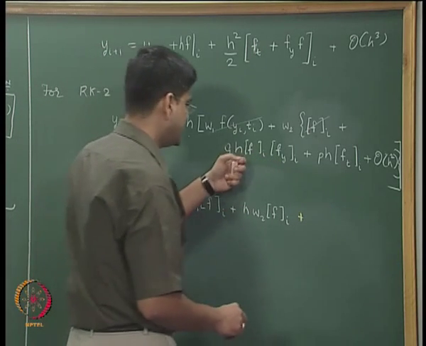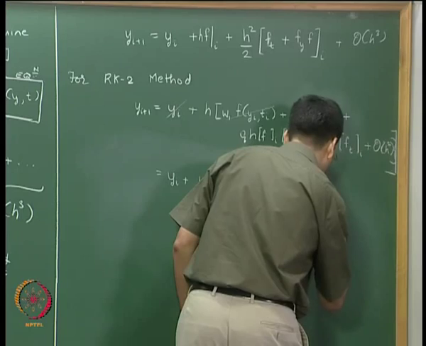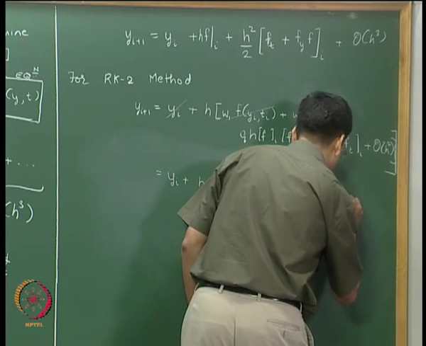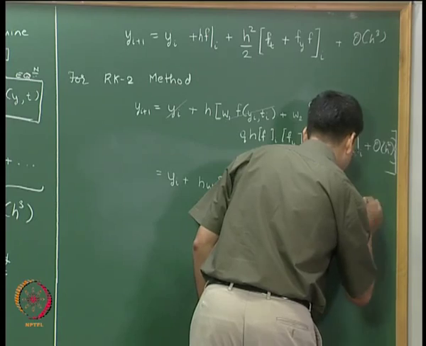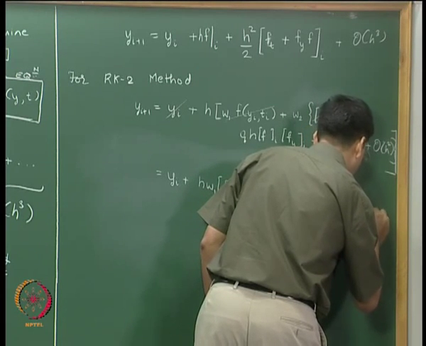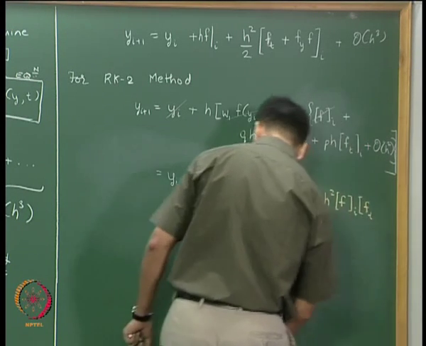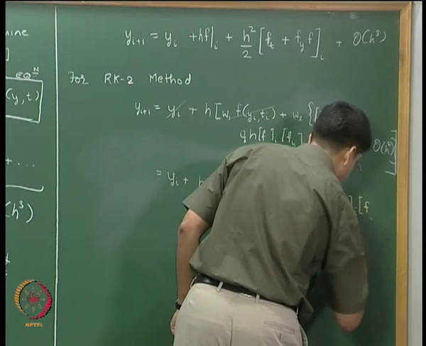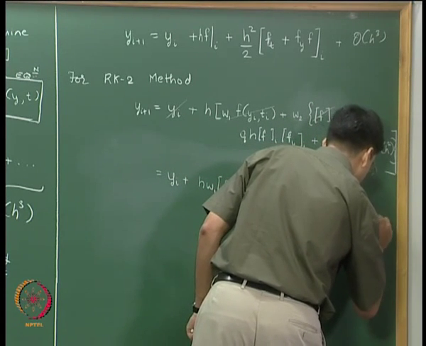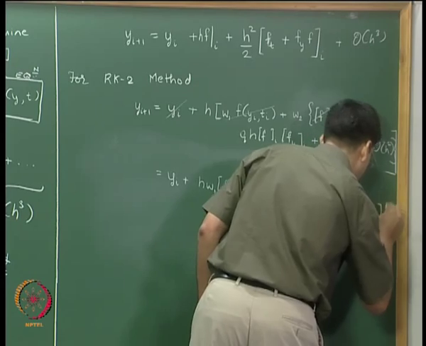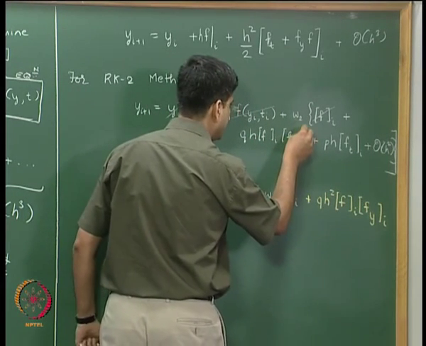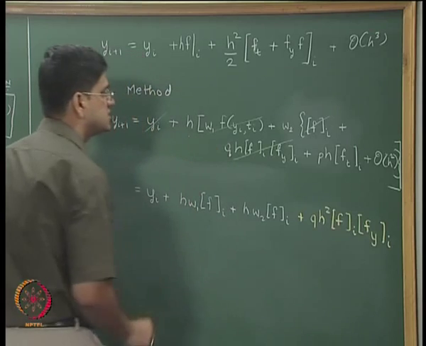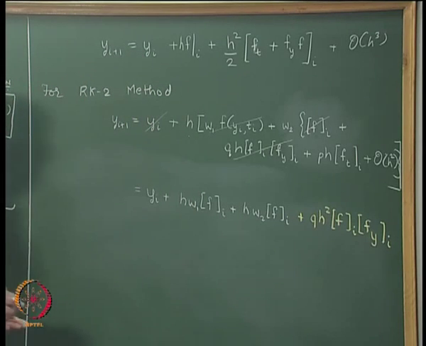So that is q h squared f_i and f_y_i, not f_t. So again with a thin yellow stroke, I will just cut this particular value off as well.